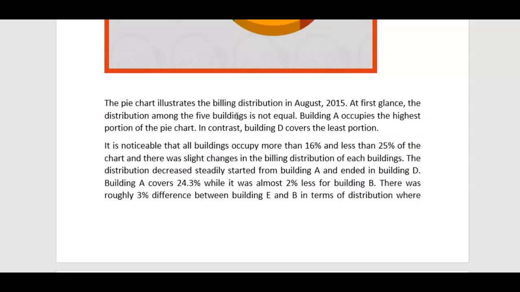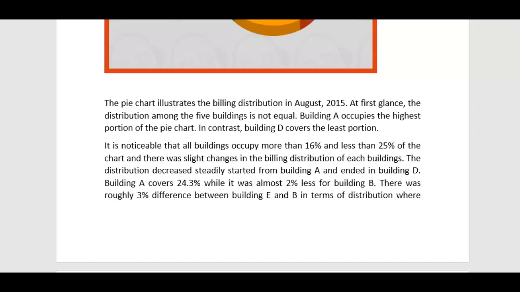That's fine. It is noticeable that all the buildings occupy more than 16% and less than 25% of the chart, and there were slight changes in the billing distribution of each building. Careful here. It's not really changes, because changes imply that things are different over time. That's not the case here. You are looking at a snapshot, a photograph, if you will, of one moment in time, August 2015.